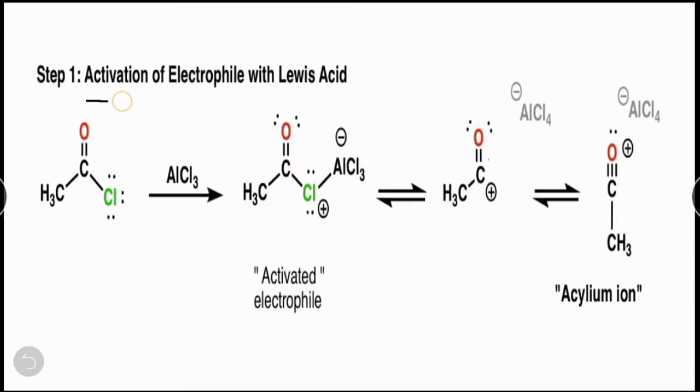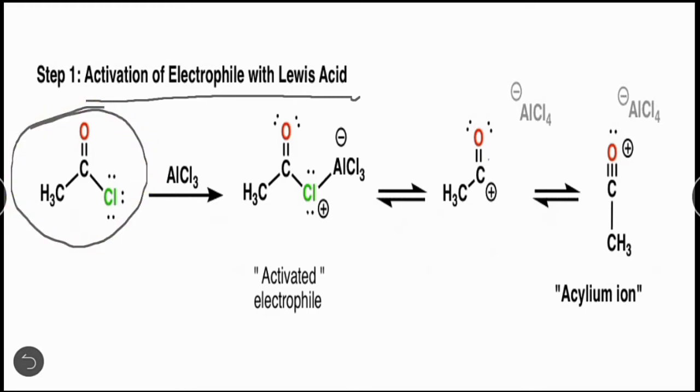So guys, in this slide I'm going to show you how the electrophile is generated in acylation, or you can also call it activation of the electrophile with Lewis acid. So let's see what is going on here. You can see this acetyl chloride molecule over here, and these electron pairs arranged around this chlorine, right?